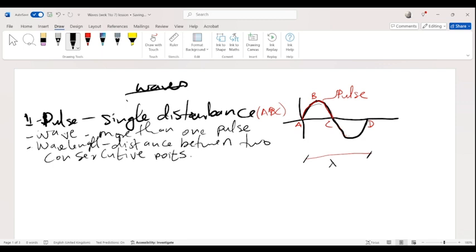Two consecutive points that are in phase. Now, what do we mean by the term in phase?